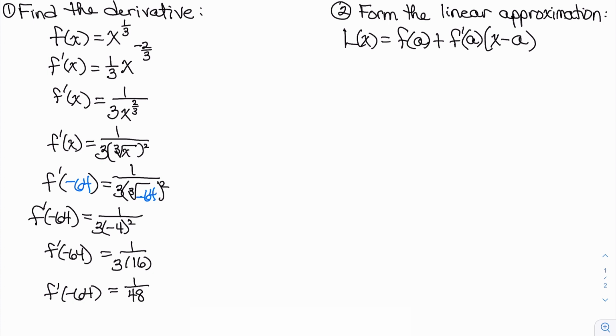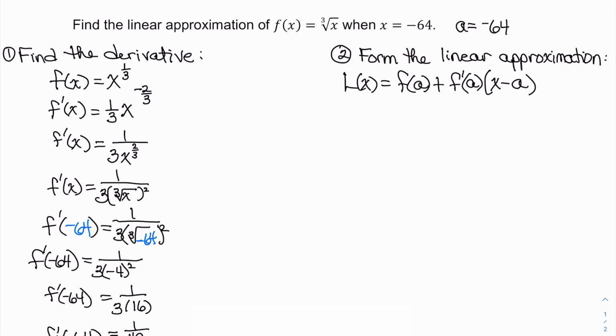Now we're going to see what we can do for our replacements. We just calculated our f prime at -64, and we're going to recall that f prime at -64 came out to be 1 over 48. Our f of negative 64 is equal to, look at your function, follow your notation.